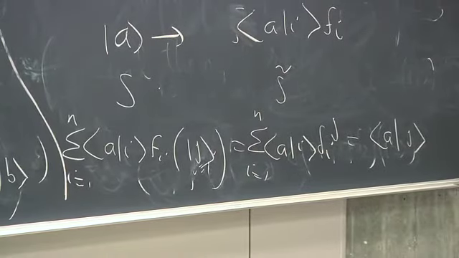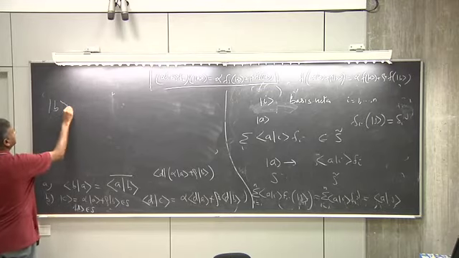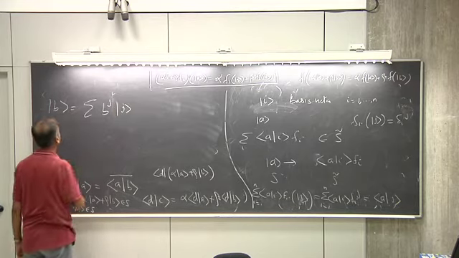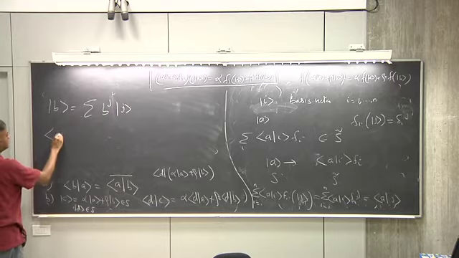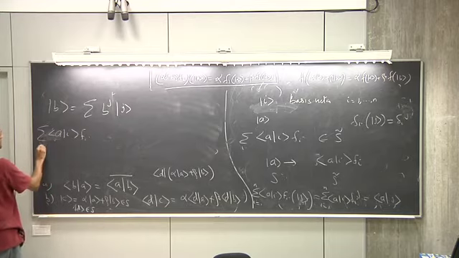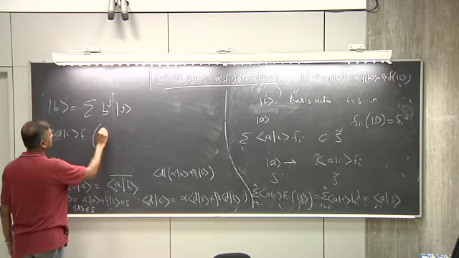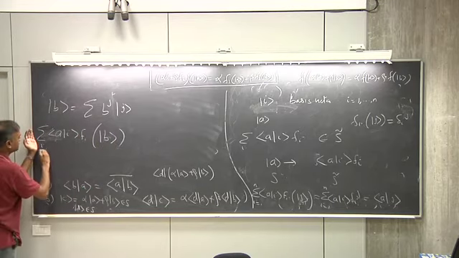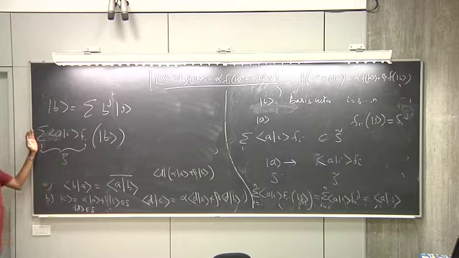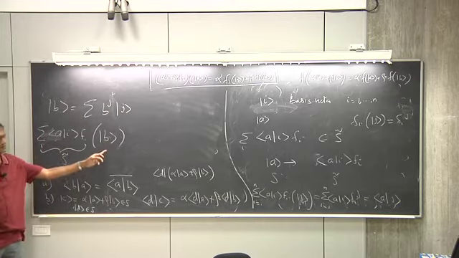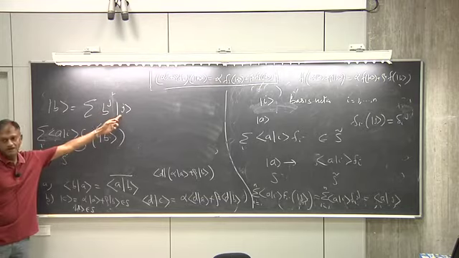Or more generally, if I consider some vector B, which is some combination, of course I can expand B_j, j, and consider this function, A_i F_i summed over i, acting on B. This is an element of S tilde, and I apply this function on this vector B. This is an arbitrary vector, a linear combination of basis vectors.